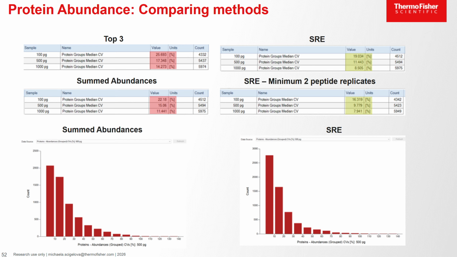What you see also graphically here at the bottom is the histogram of CV abundances, group CVs for the summed abundance method and the sample replicate estimation methods. And what you should see is that there is a shift of the values towards basically proteins with lower CV.